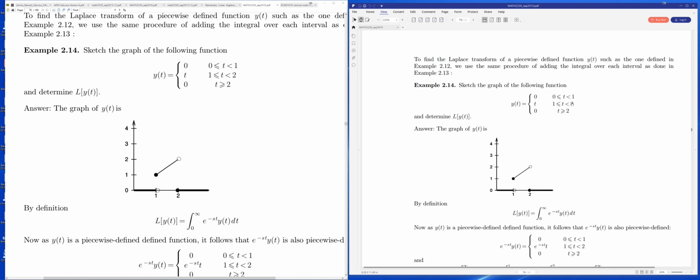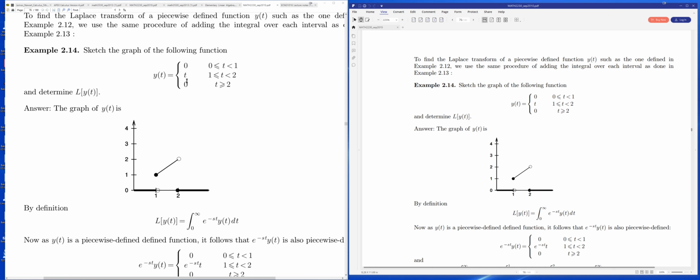Notice the function is not equal to 0 at t equal to 1, so I have this open dot over here, to indicate that.